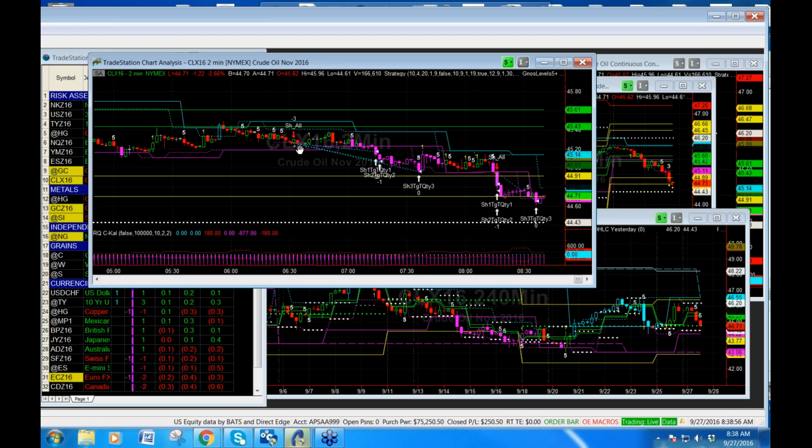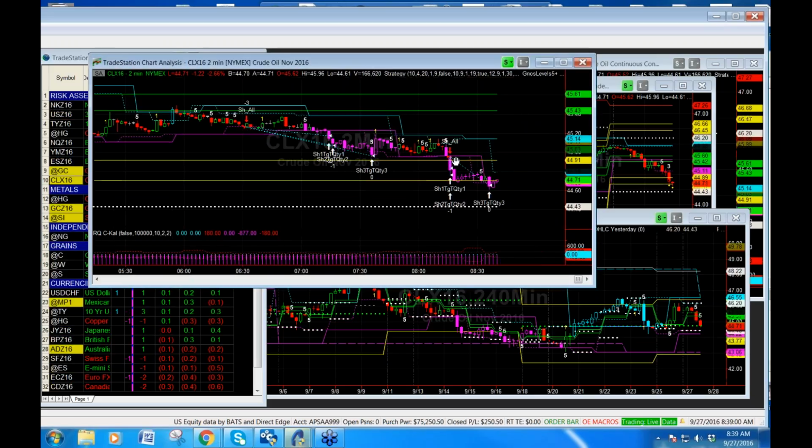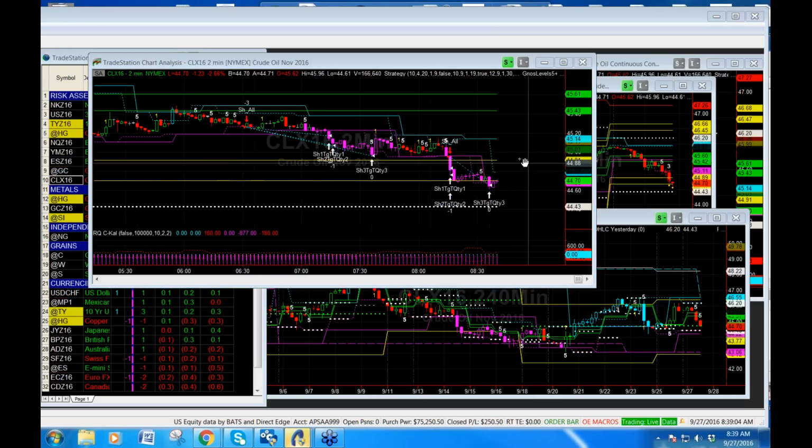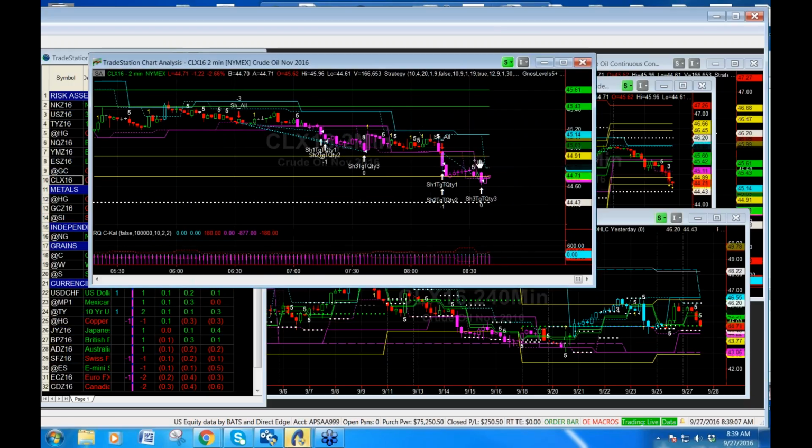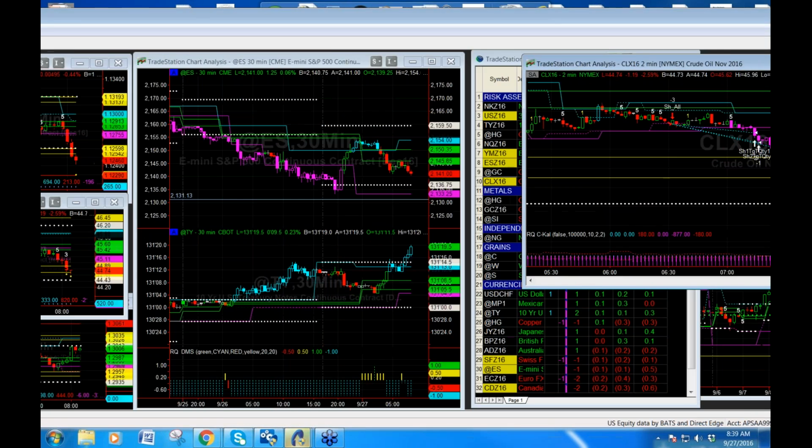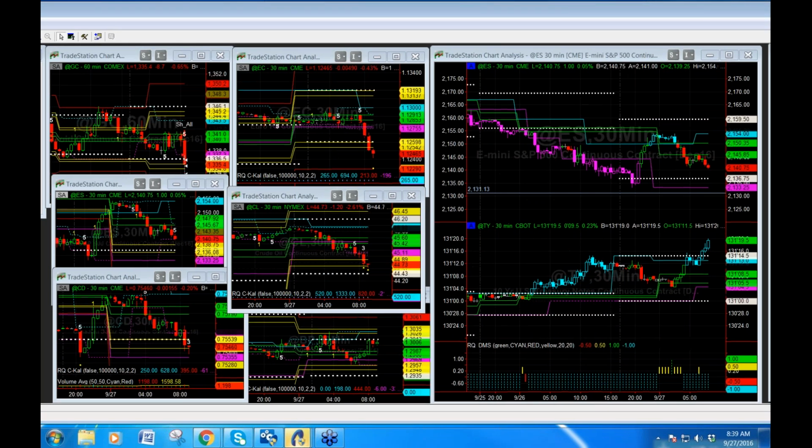This is the trade that I was in as well, but with only one contract. Here's the position that we have now, but I only have one contract. This is 3 contracts. So you can get a flavor for the different money management schemes or strategy. We just got taken out with a trailing stop.